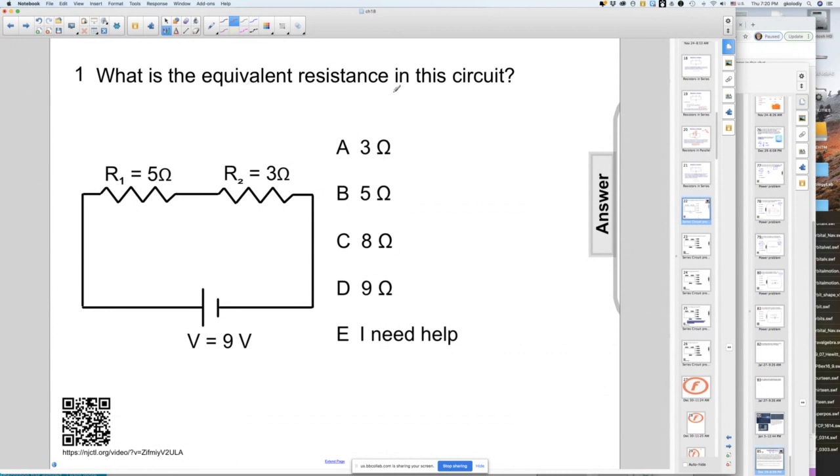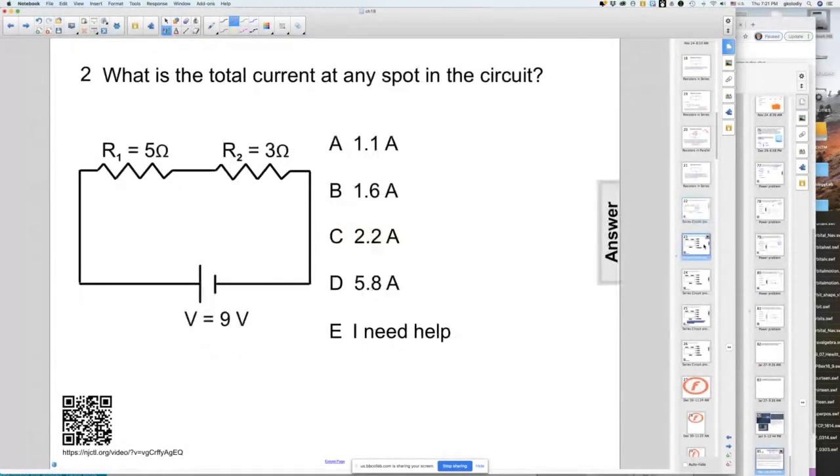As I mentioned, finding the equivalent resistance of this series circuit is very simple. You add the resistors: 5 plus 3 is 8. Now, if they're connected to a 9-volt battery, first let's find the total current in the circuit. The total current equals the voltage of the battery divided by the equivalent resistance we just found, which is 8.